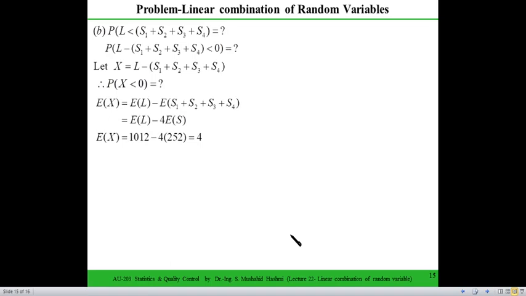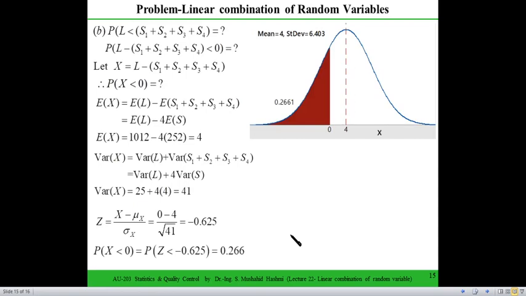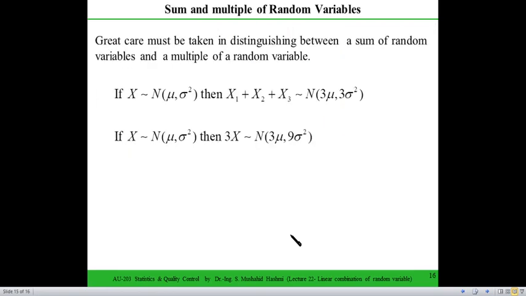We first calculate the expected value using the properties of expected value, and calculate the variance. You see the variance is different in this case. Earlier we had a variance of 89, and now you have a smaller variance, 41. Now you calculate its corresponding probability from the table, and that comes out to be 26.61%.